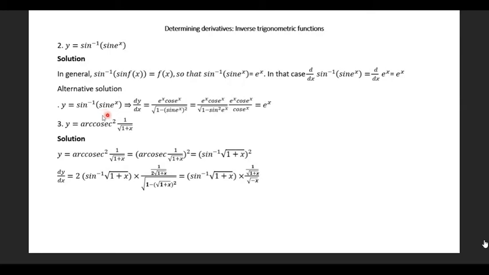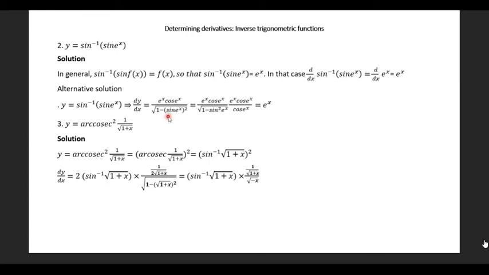If you do it that way, we are going to say dy dx is going to be, remember there is a square root sign and then 1 minus, now my f at x in this particular case is sine of e to the exponent x. That's why I have sine of e to the exponent x here, and then you square it. On top, there must be the derivative of what you are squaring. And what you are squaring is sine of e to the exponent x.